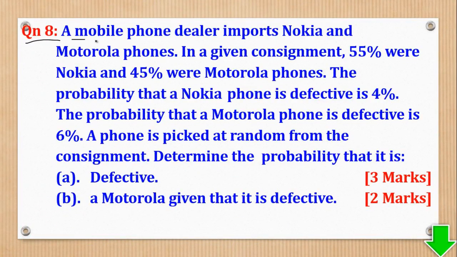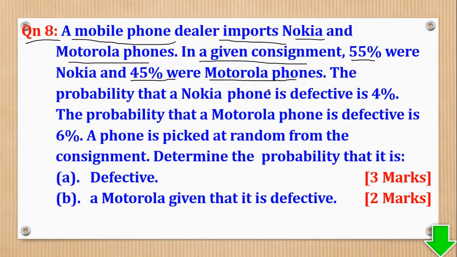Then question 8 says, a mobile phone dealer imports Nokia and Motorola phones. In a given consignment, 55% were Nokia and 45% were Motorola phones. The probability that a Nokia phone is defective is 4%.